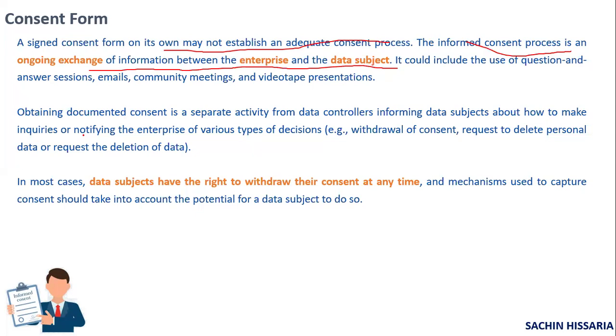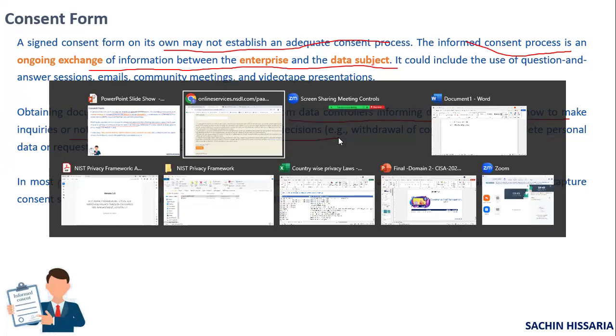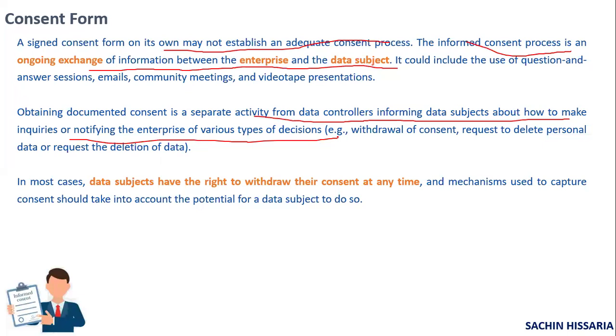Now the company needs to take a consent, and that consent should also include the data subject's rights. Obtaining a documented consent is a separate activity from the data controller informing a data subject how to make an inquiry or notifying the enterprise of various types of decisions. So as a part of data subject rights, the company will also document a process for how they will notify customers of their various decisions.